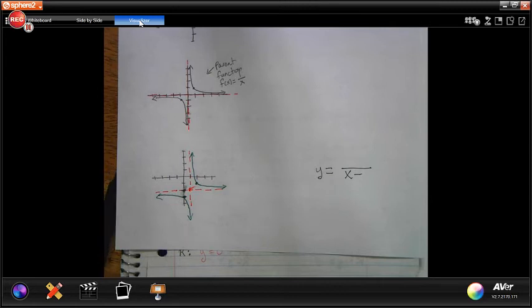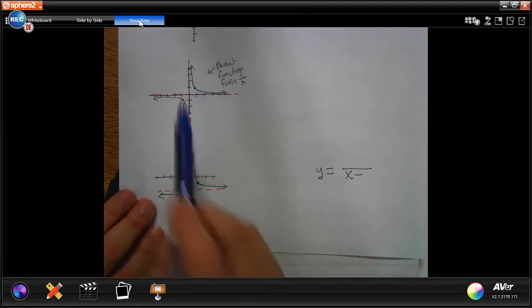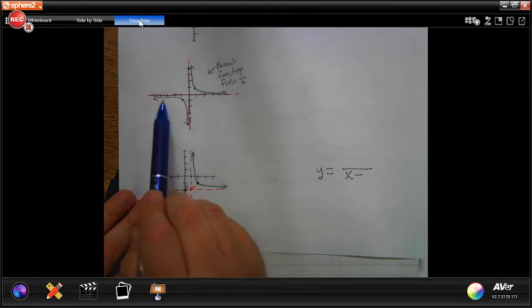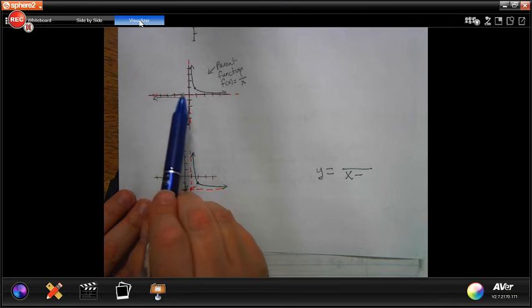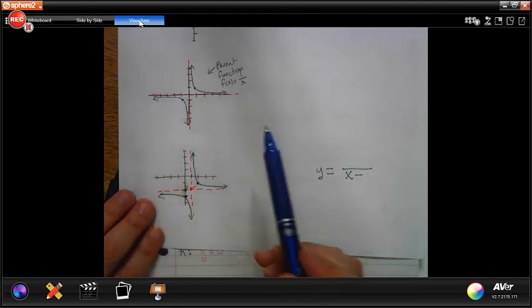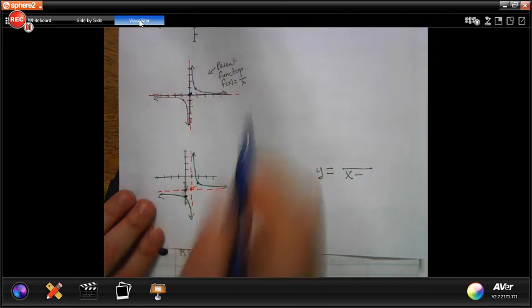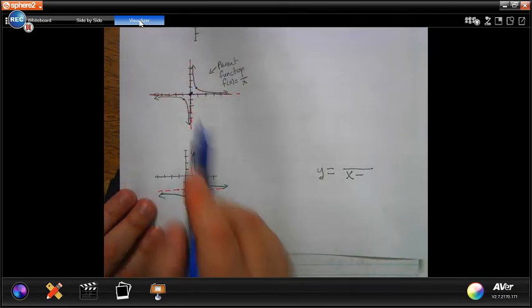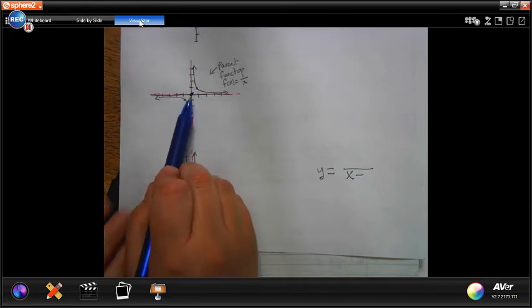I need to do my changes. From here to here, notice we have asymptotes. You remember when we did this before, we had the 2 dashed lines that can never be crossed. So we go from the center, the intersection of the asymptotes, that is kind of our center point, kind of our vertex.